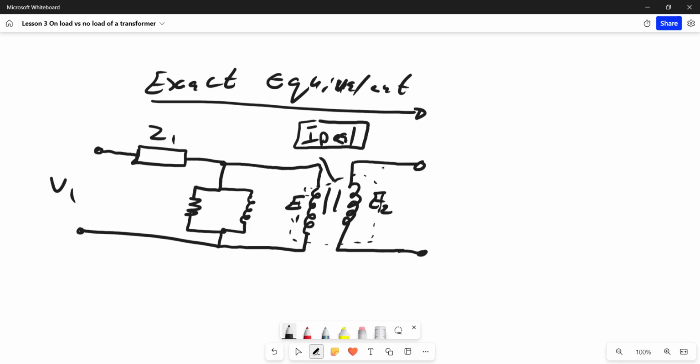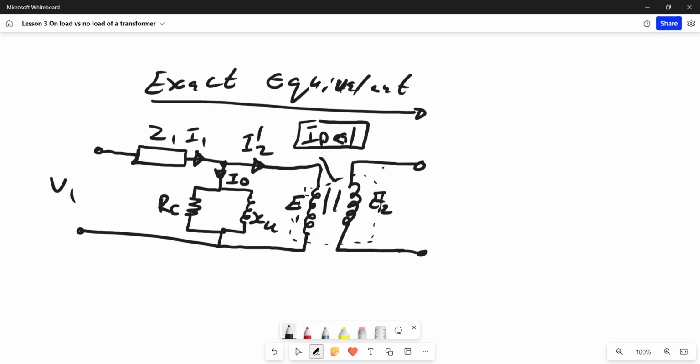So this is V1, the supply. The current that will pass through Z1, we call it I1. Then on this branch you have RC and XU. The current that will go to this branch, we call it IO. The current that moves to the third branch, we call it I prime 2, exactly what I was explaining about.